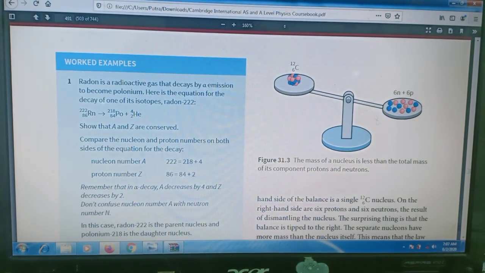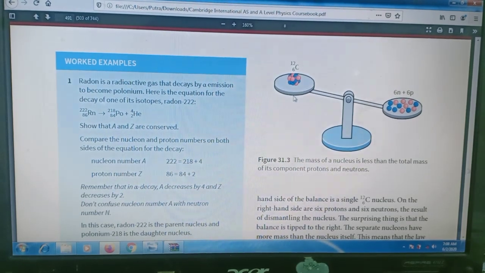And for this part, the binding energy has become mass. At this part, the binding energy is still in the form of energy. At this part, the binding energy has become mass. That is why this part is heavier than the other part.